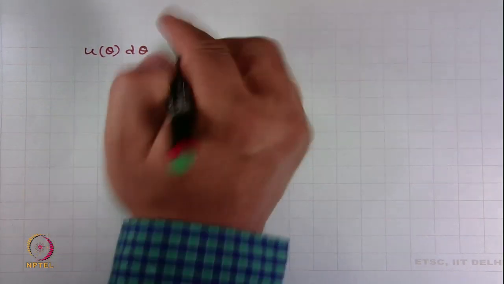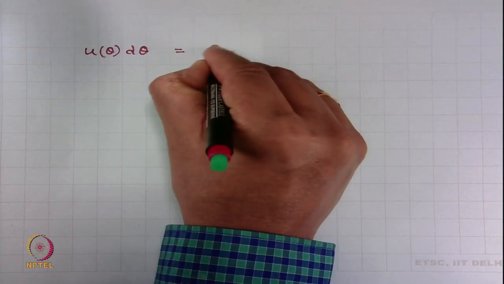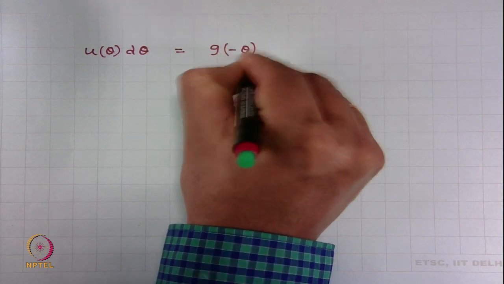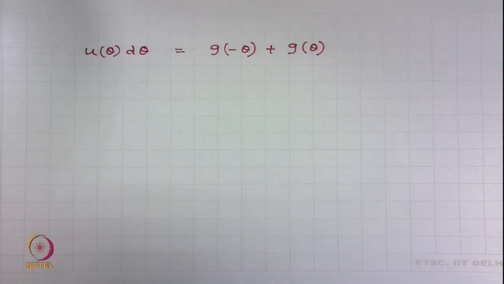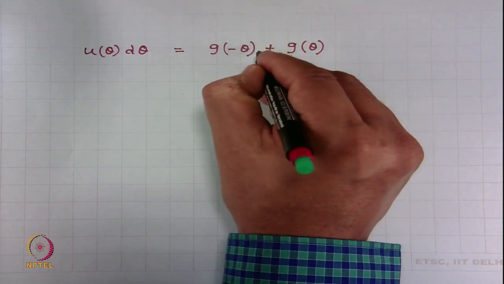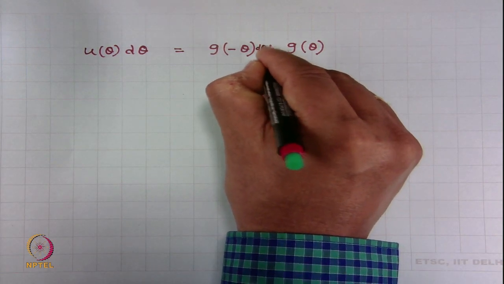So, this is equal to g of minus theta plus g of plus theta, right. It must be d theta, it must be d theta.